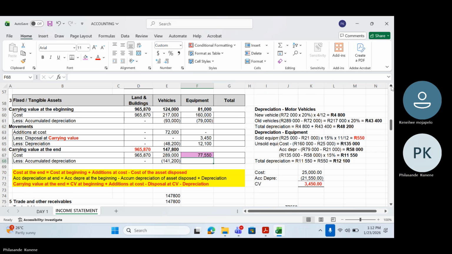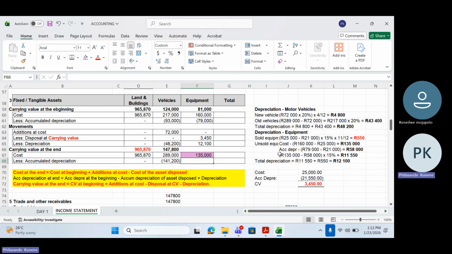Okay. 135,000. How did you calculate that amount? I took the cost minus the cost of the equipment sold.